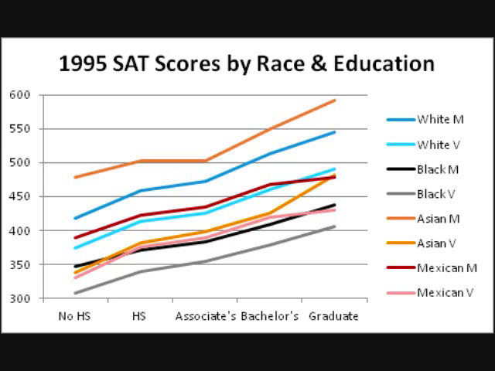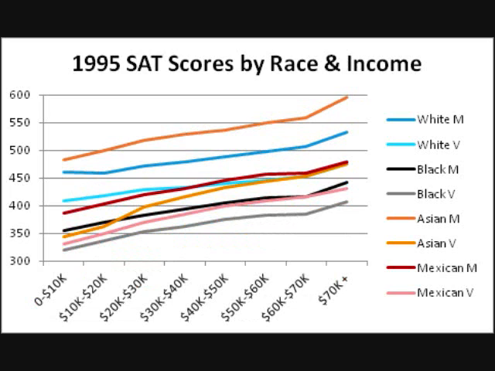So you see, in 1995, the SAT scores by race and education were evident, where they showed their viewpoint as to whom they felt were going to be the higher achievers. So you see, this was a very racialized grid or graph here. You also see by income and education.